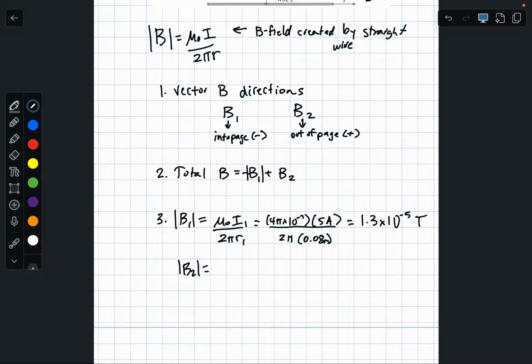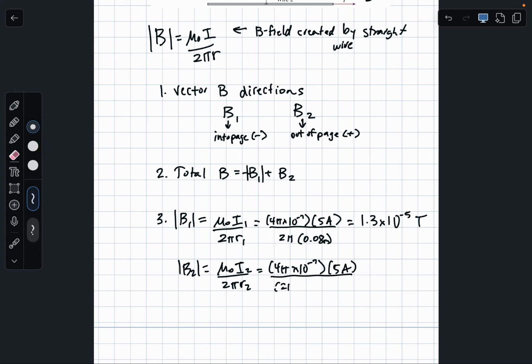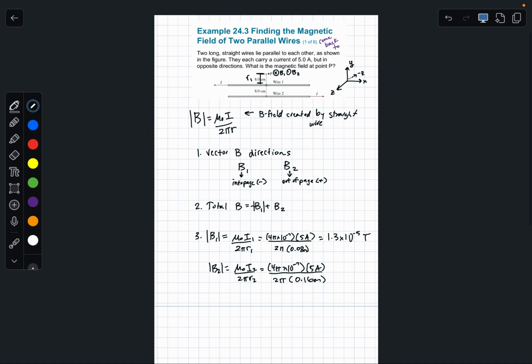So B2, same idea. The distance is now different, right? They had the same current value, but the distances were different. Wire 2 is 0.16 meters away, right? It's 0.08 plus 0.08 meters away.